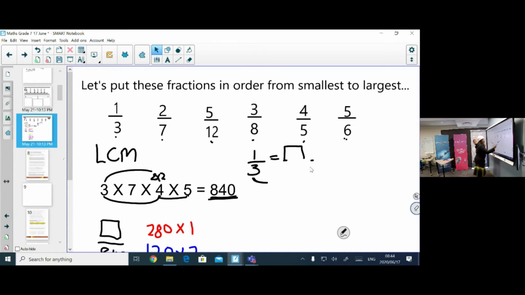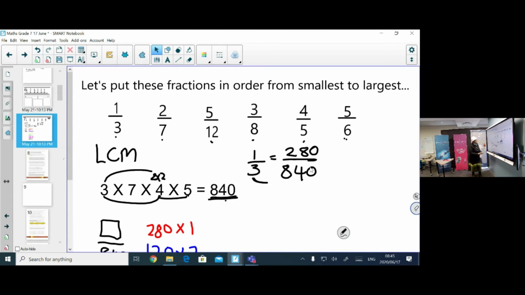The number that you are using is 840. So take your calculator and do 840 divided by 3. You get 280. 280 times 1, this is equivalent to 280.